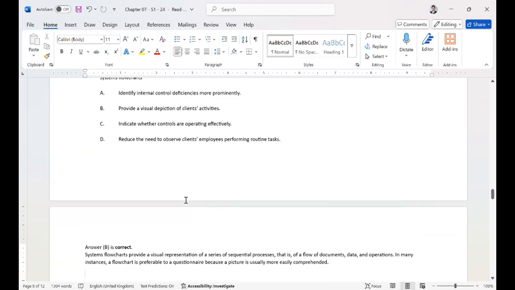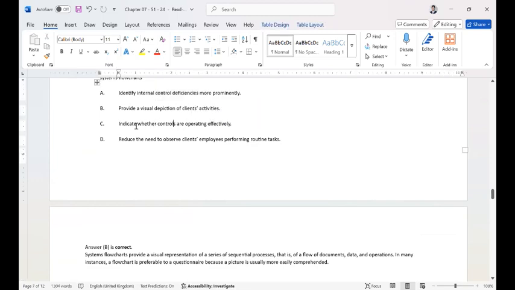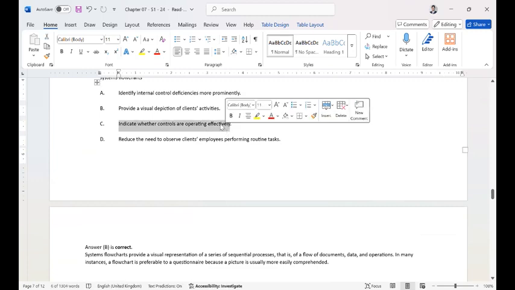I mean, they are useful, but identify internal control deficiencies, yes, you can identify. But here what they mean is that whether it's operating effectively or not cannot be done through a flowchart. You will test transactions, test the controls.